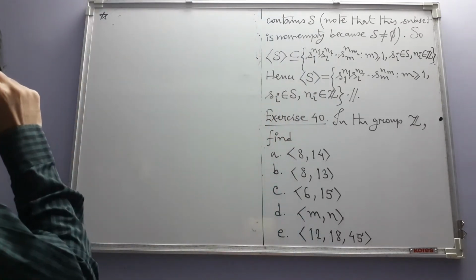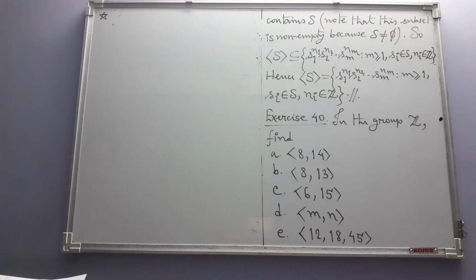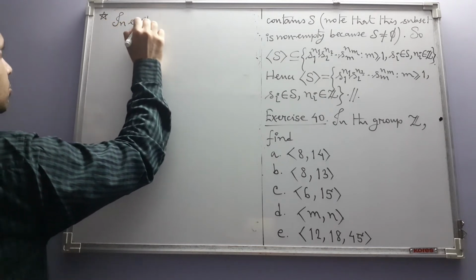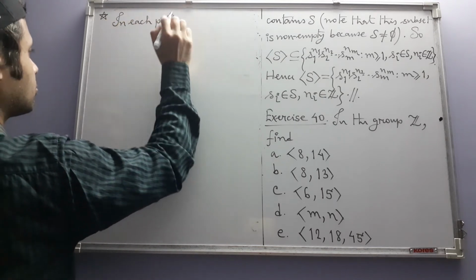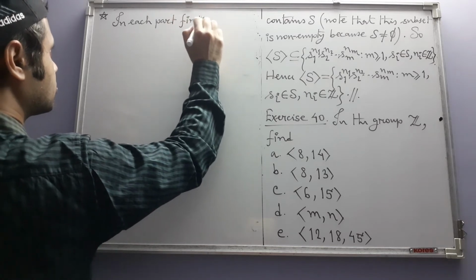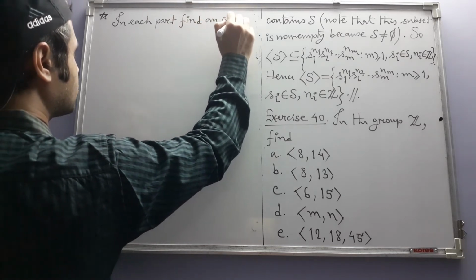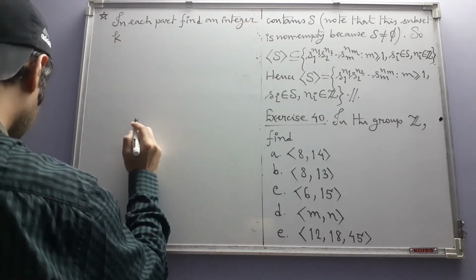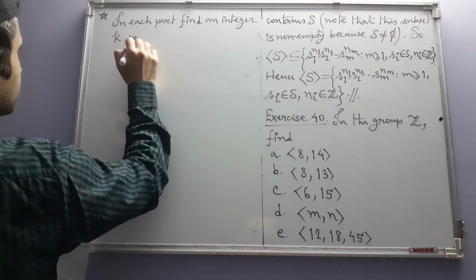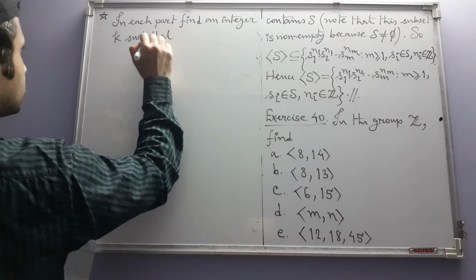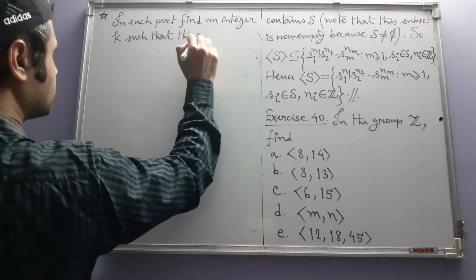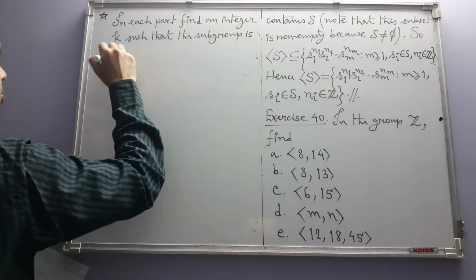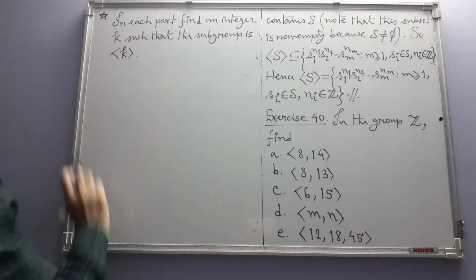In each part, find an integer k such that the subgroup is actually the cyclic subgroup generated by k.